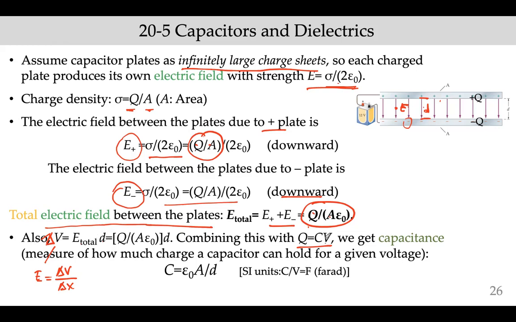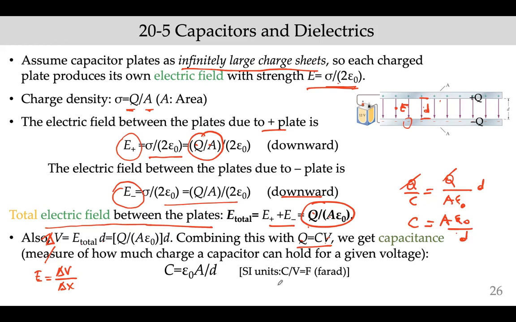So V here is Q divided by C. So instead of V here, we will write Q divided by C. And on the right hand side, we have Q divided by A epsilon 0 times D. So these Q's cancel each other. So C becomes A times epsilon 0 divided by D.